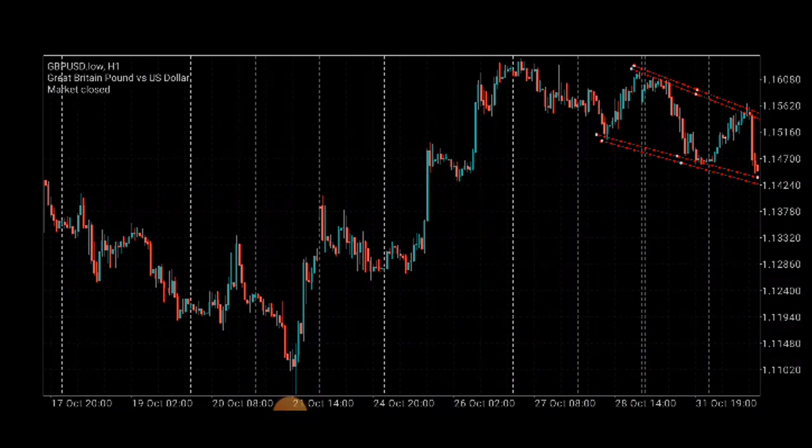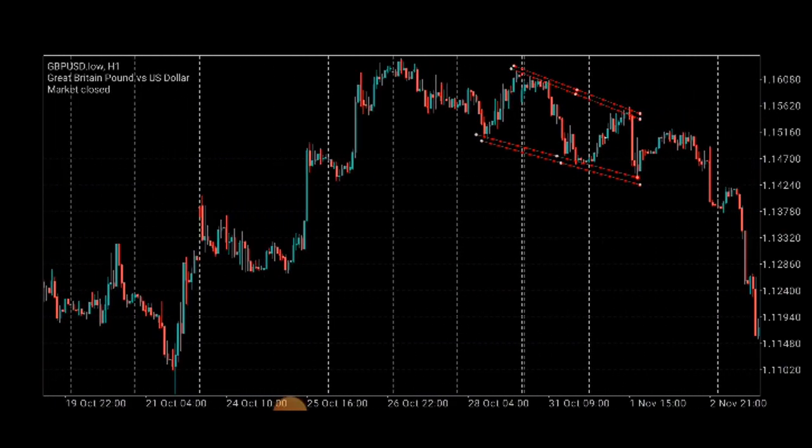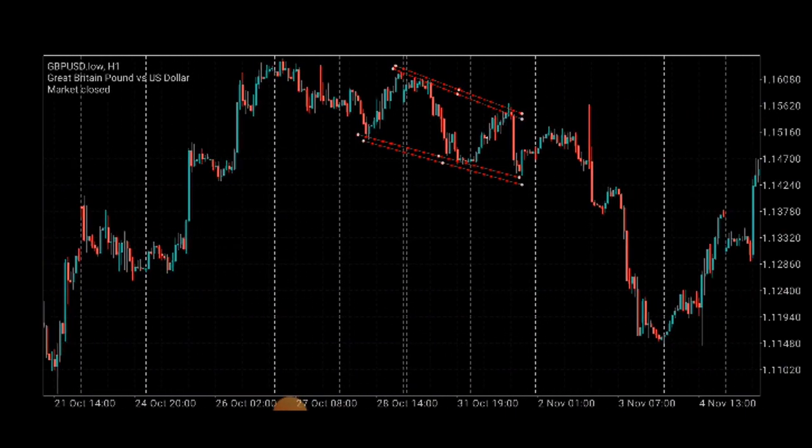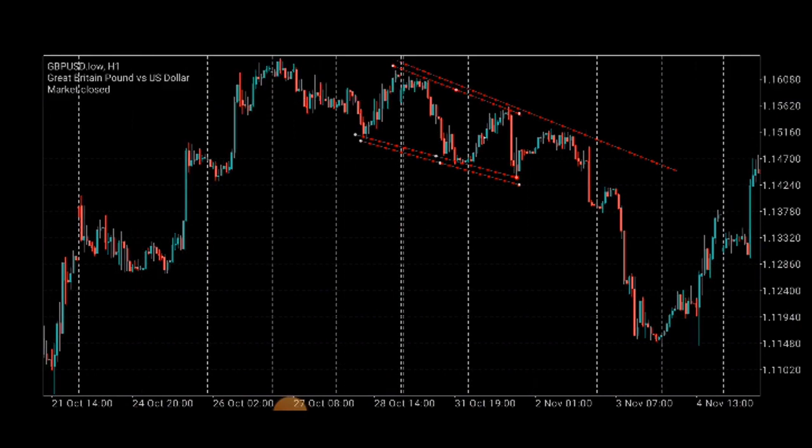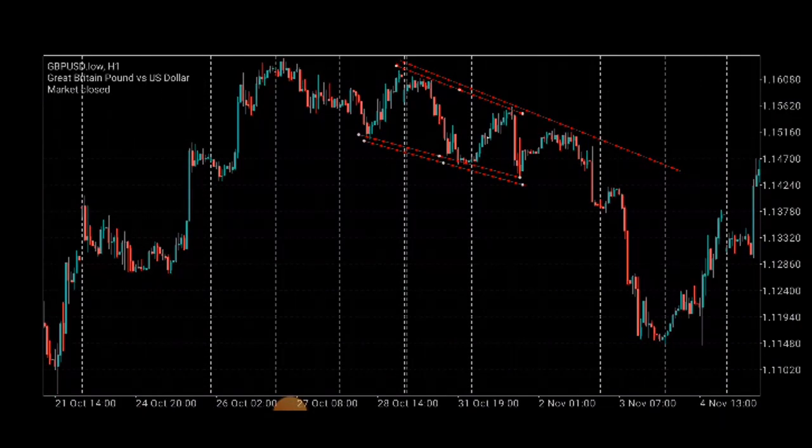Now if you move this market, you notice that these lines continue, okay? They continue coming down, as well as, sorry, I've moved this line that I'm not supposed to move. Alright, let me just use this.